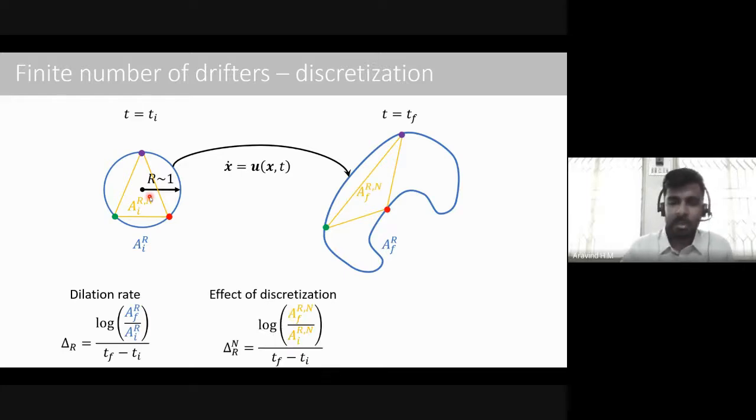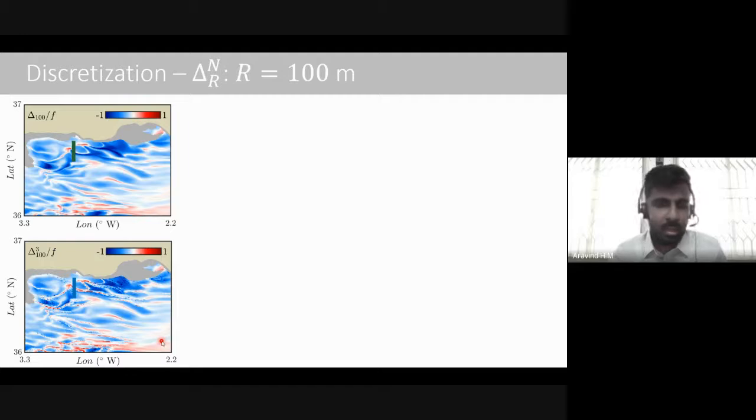And as a result, there'll be some errors, and I can compute a polygonal dilation rate called delta NR using these areas of the drifter polygons. So that is going to introduce one source of error into the drifter-based dilation rate estimates. If I try to quantify the error that accumulates by comparing these two fields, first off, let's take a look at how these fields look.